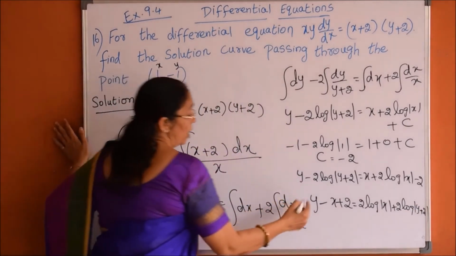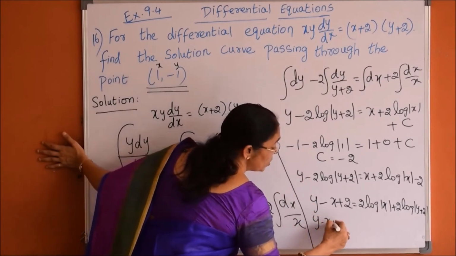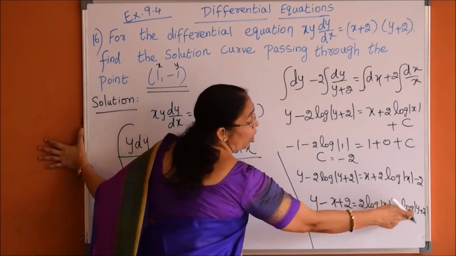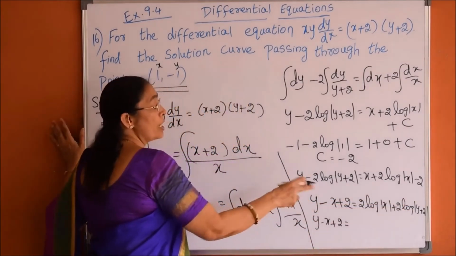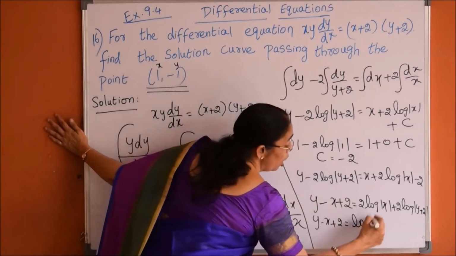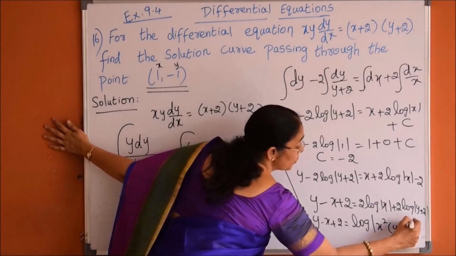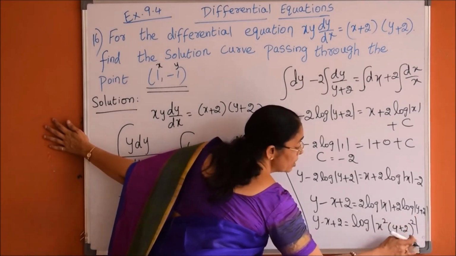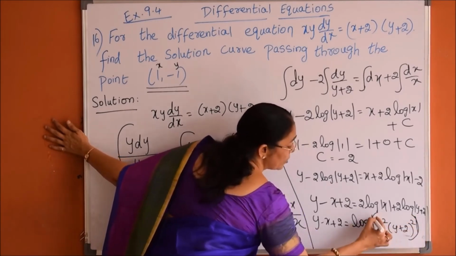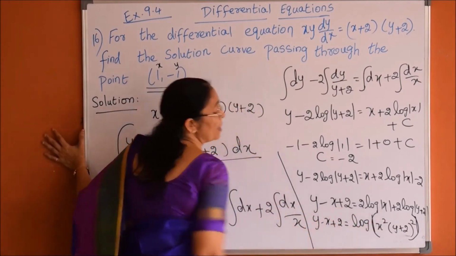This is the solution: y minus x plus 2 is equal to log x square I can write, and log y plus 2 whole square, and log a plus log b is log ab. So, together log of x square into y plus 2 whole square. There is no c here, since we found the c value. So, again a perfect square is there, simply we can write log of x square into y plus 2 whole square.